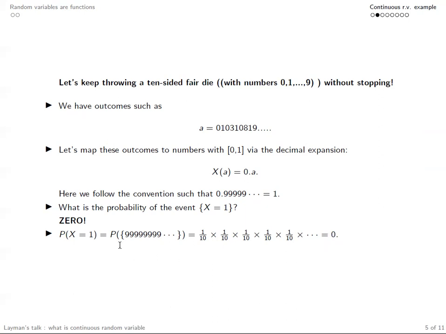Actually, not only for 1, but for arbitrary numbers a here, the probability of X equal to a specific number is always of probability 0, because there are uncountably many values within the interval 0 and 1. Therefore, the probability that you get a specific exact number is always 0.